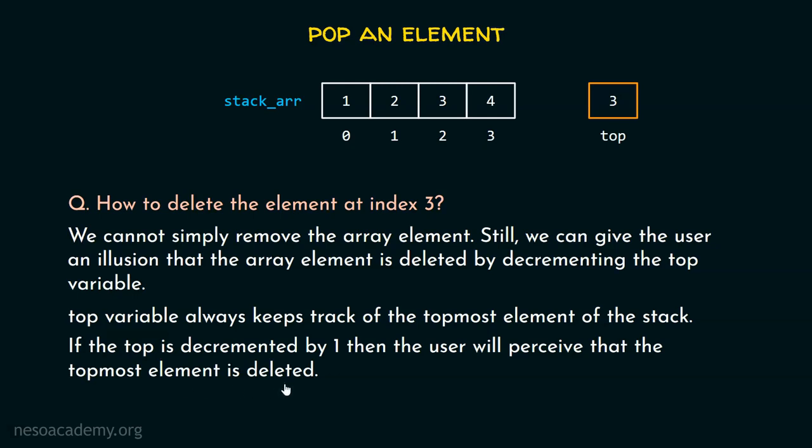The user will see that top is 2, which means the topmost element is at index 2 and not at index 3. Hence there is no element above this particular element. In this way, we can mimic the behavior of removing the array element.